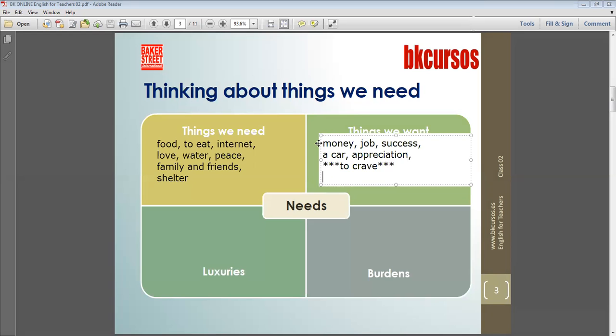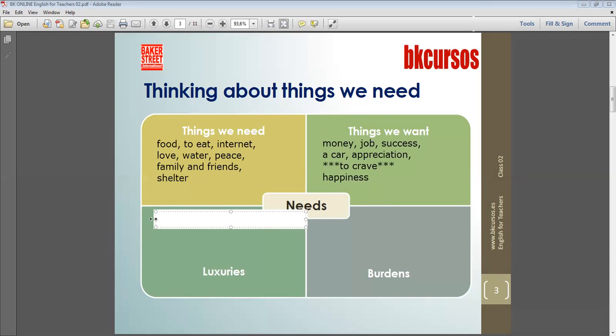So anything else that people want? Happiness. Good. Brilliant. And what are some of the things which we might consider luxuries? A boat, of course. I thought you all had boats. What other things are luxuries?